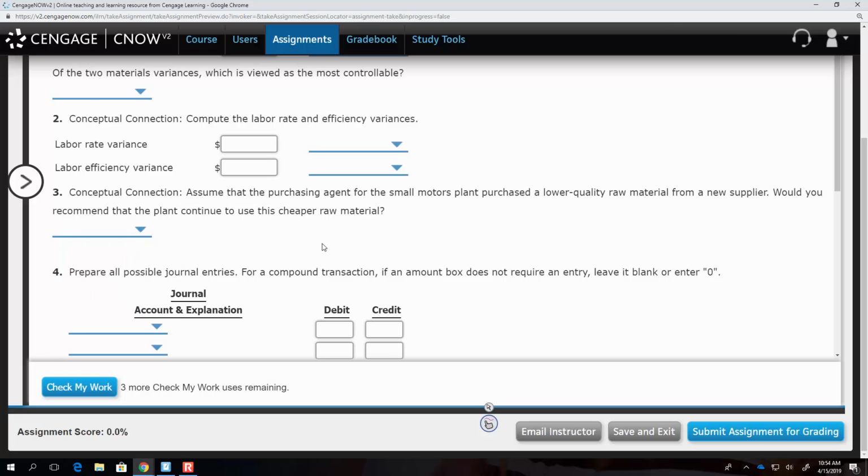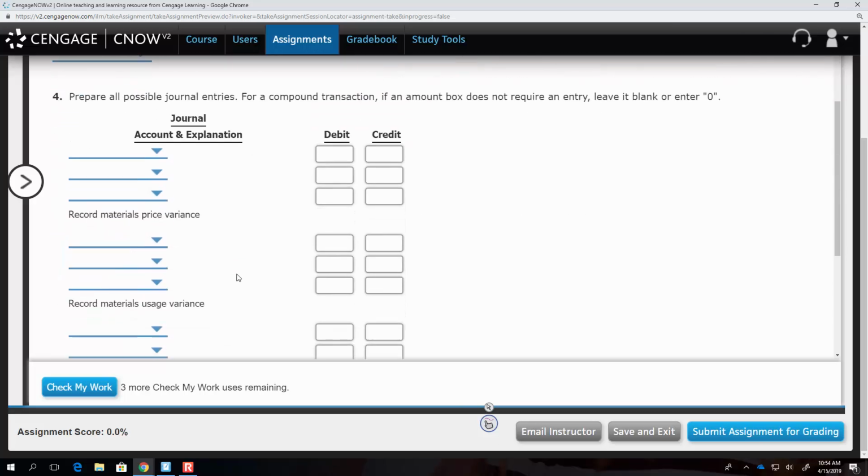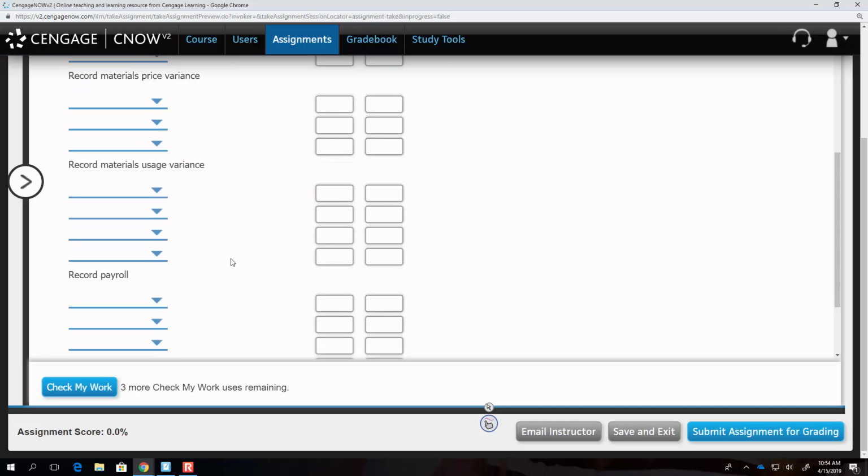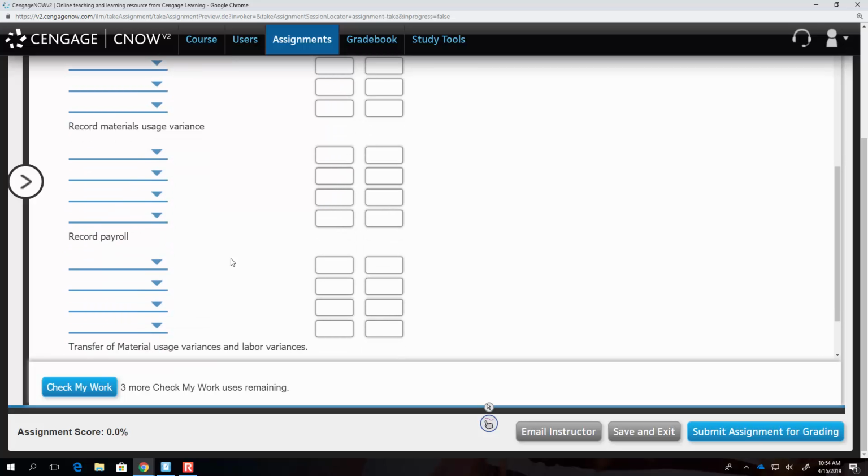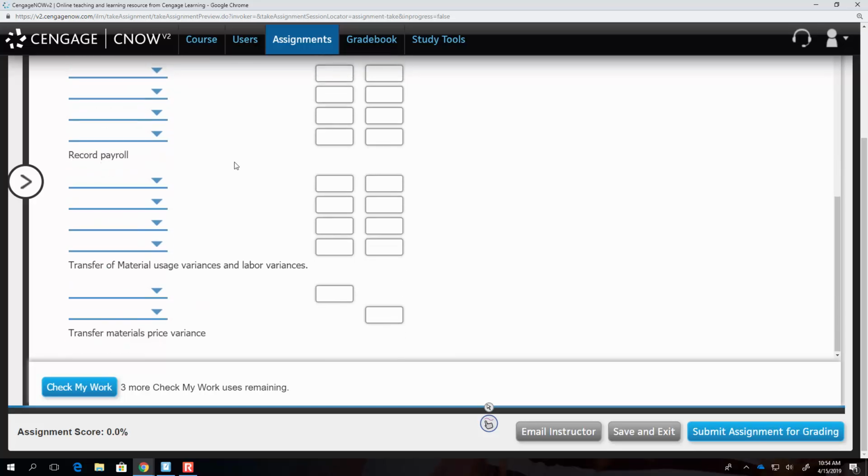And then the journal entries, obviously: record the material purchase, record the material usage, and then you have your labor, record the payroll is the labor entry. And then here is what I want to talk about. There are 4 lines here and then there are 2.